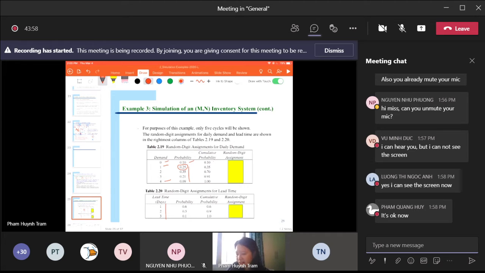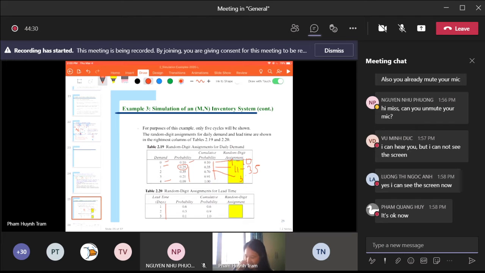Again, we can use our random digit assignment technique for this probability distribution. We use 1 to 10 for demand 0, 11 to 35 for demand 1, 36 to 70 for demand 2, and so on.